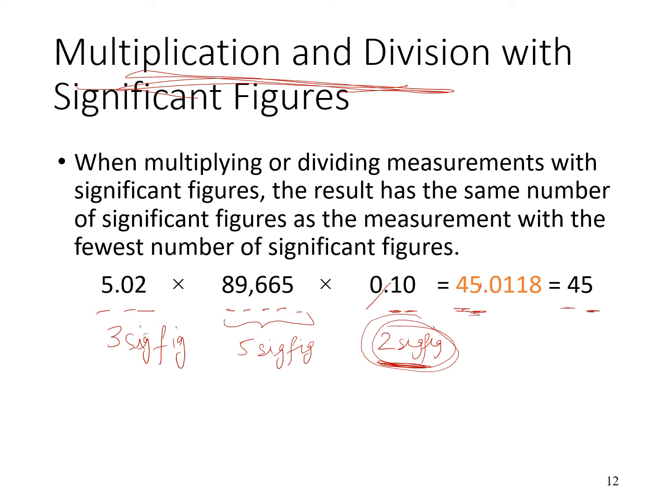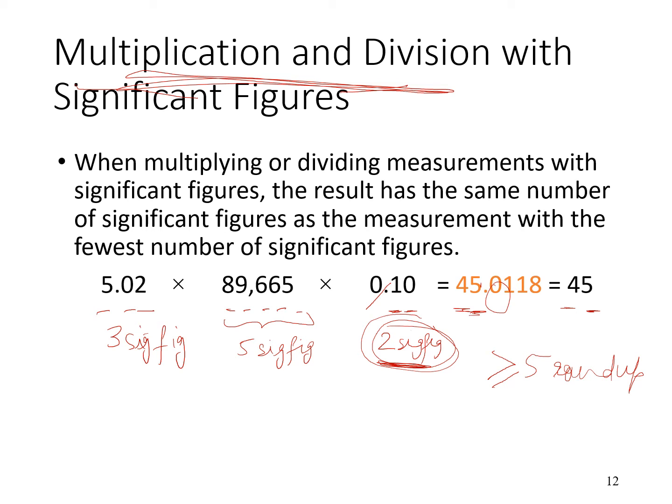This is 45. Now, how did I decide this is 45? Look at the number that follows the correct number of sig figs. For instance, right here it is 0. If this following number is equal to or greater than 5, then you round the number up.